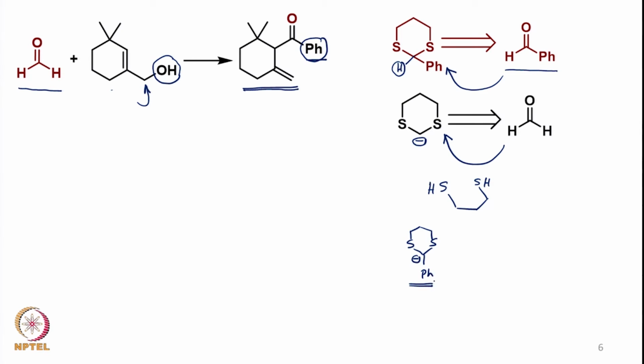So either we have that as one of the possibilities that we can consider, or we can think about such a possibility, and later, after we have got the formyl group here, we can react with phenyl magnesium bromide. So let us go with this.